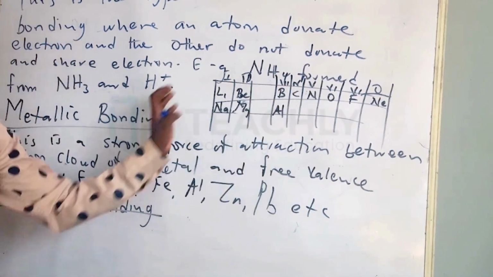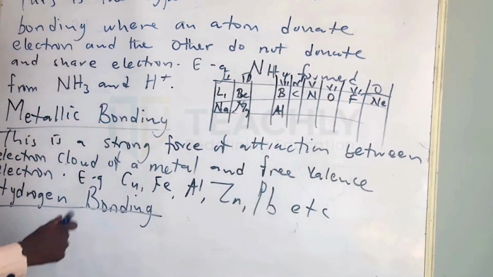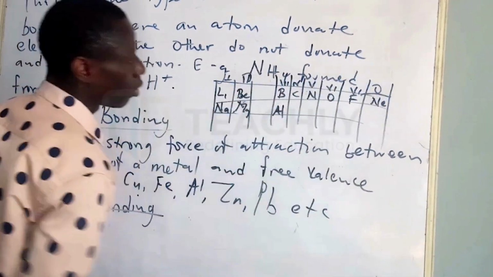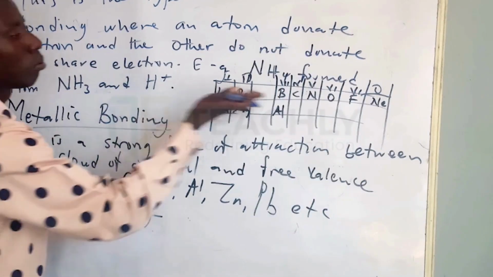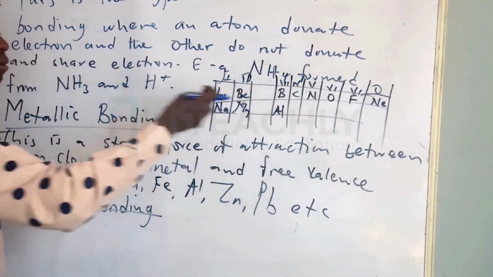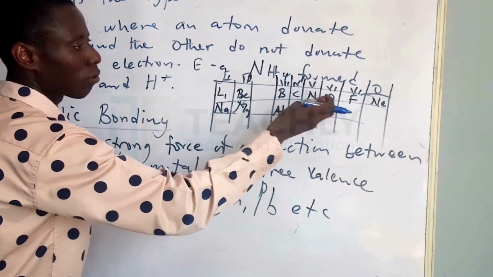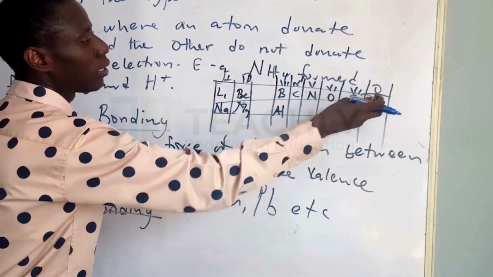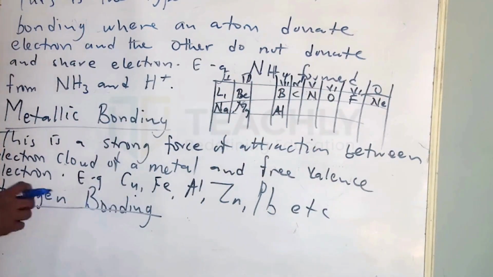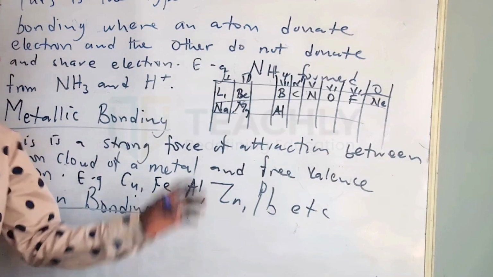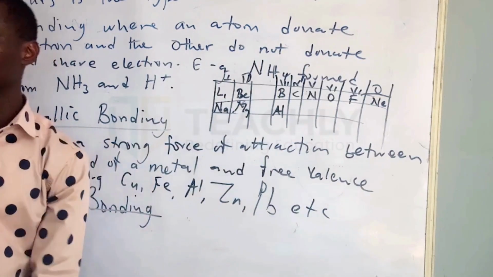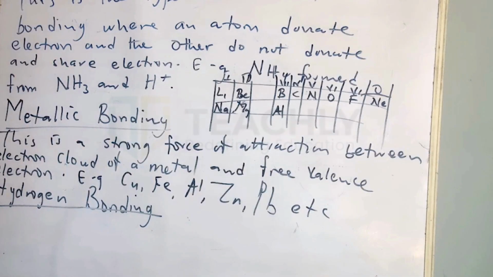So this is your periodic table. This is period 2. Those elements, nitrogen, oxygen, fluorine, are highly electronegative elements. So the reaction of hydrogen with any of them is referred to as hydrogen bonding.